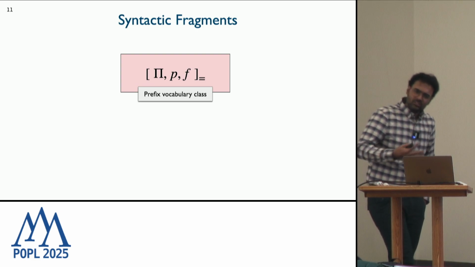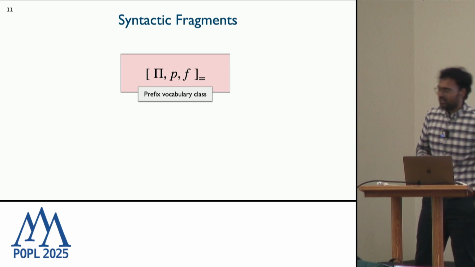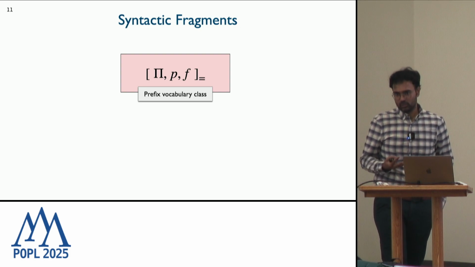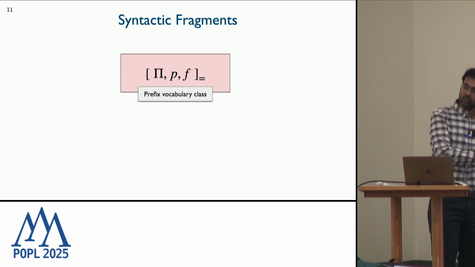This style of question about which fragments of logic are decidable is not a new question. In fact, people in communities like LICS regularly ask that question. One popular way of phrasing this question is to come up with syntactic fragments.